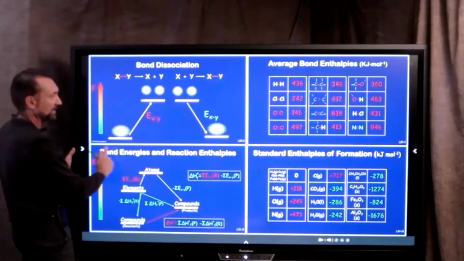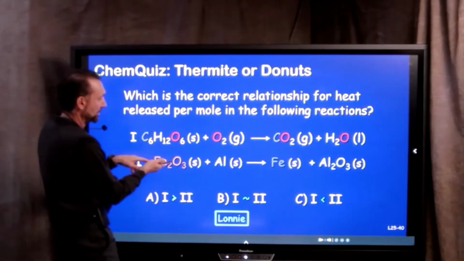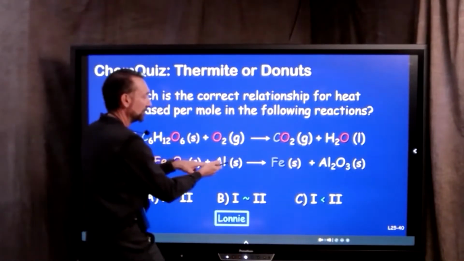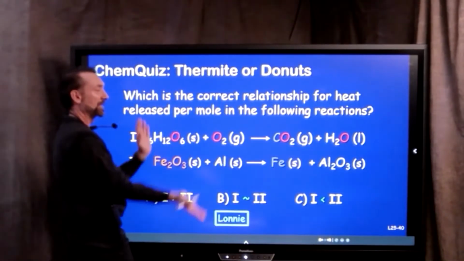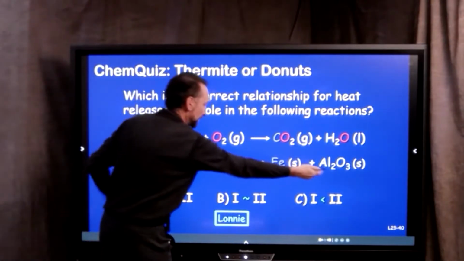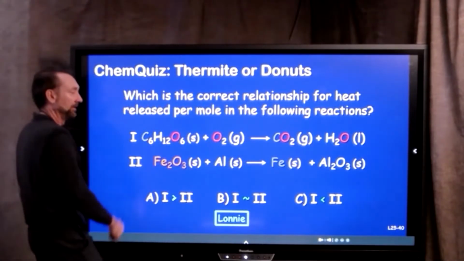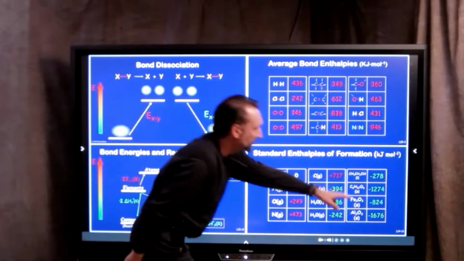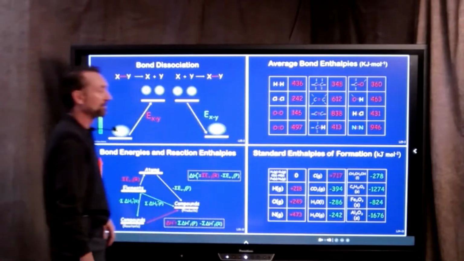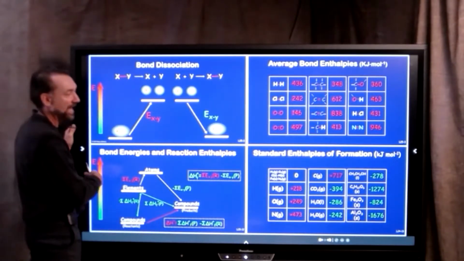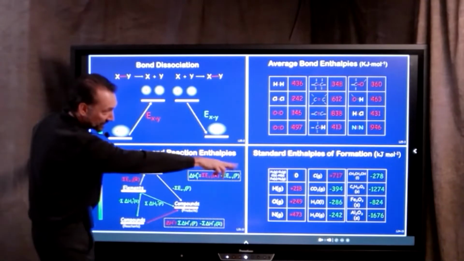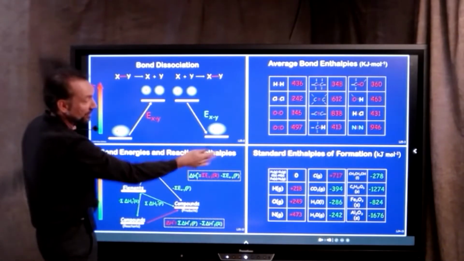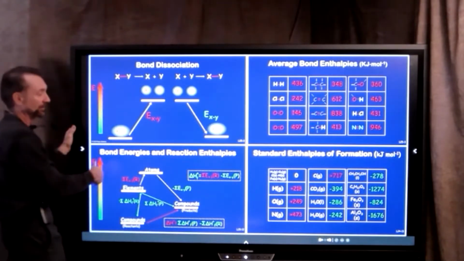So if you write the formation of iron oxide from the elements in its standard state, the formation of aluminum oxide from the elements in their standard state, one of them in that direction, the other in this direction, you could subtract those two numbers to get the enthalpy of that reaction. And that obviously is going to be the difference between those two numbers. So something like 800 kilojoules per mole.